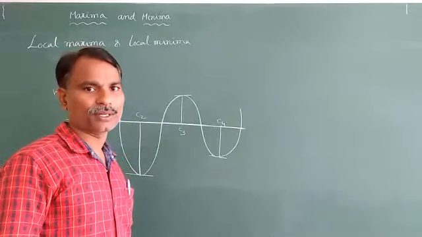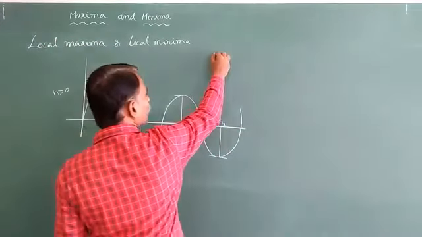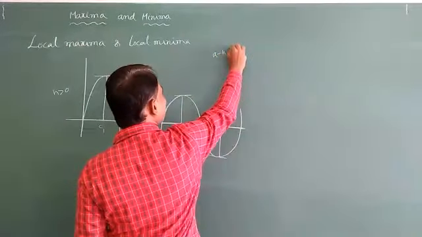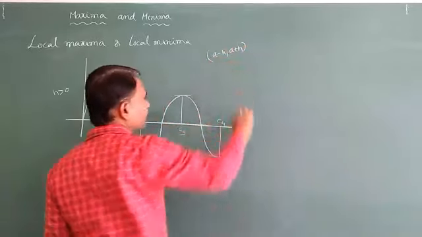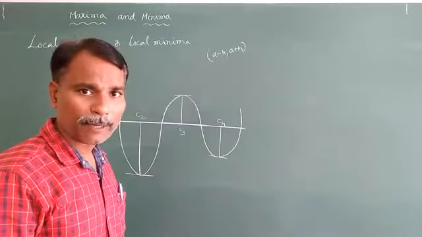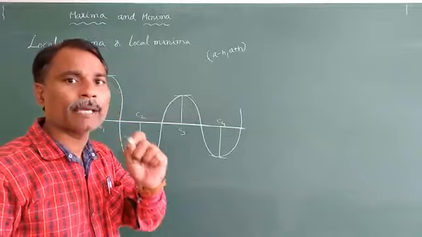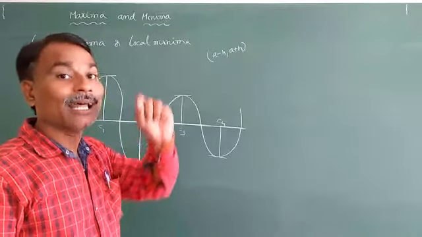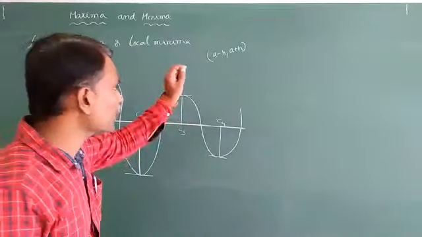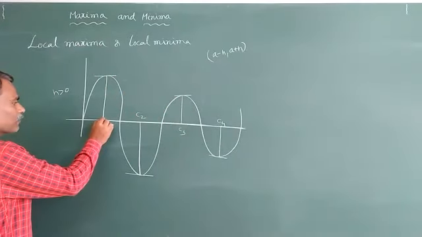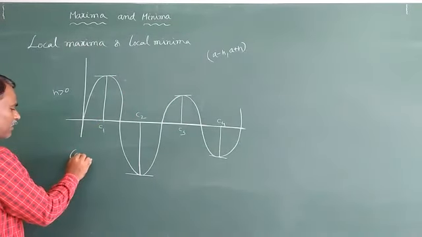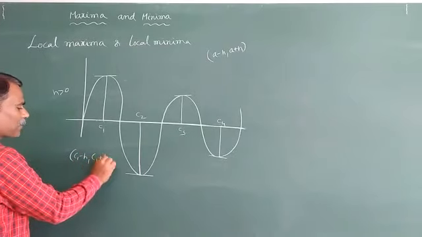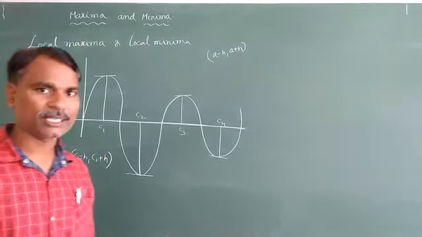The deleted neighborhood means, for a point A, you write A minus h comma A plus h. A minus h comma A plus h is the deleted neighborhood interval. Like that, now we have to consider here C1 minus h comma C1 plus h, we have to take the condition.